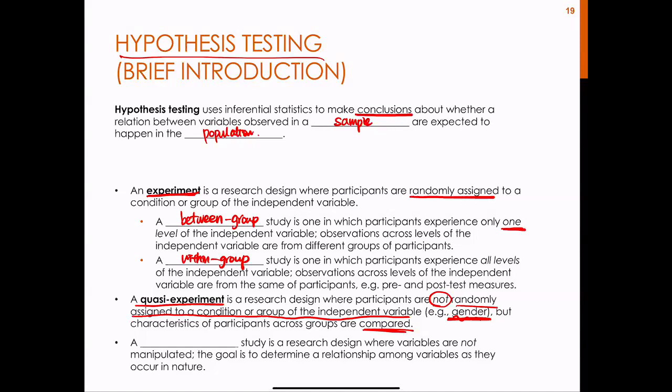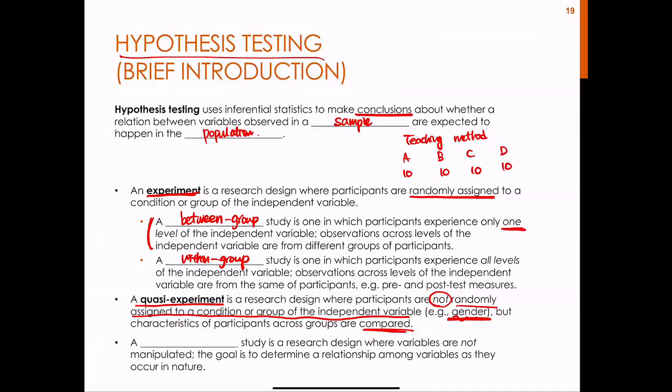Back to the previous example about four different teaching methods. Do you remember that? Teaching methods A, B, C, and D. For each teaching method, 10 different students are assigned.